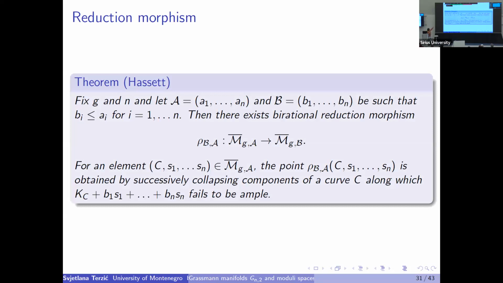He said when we have two weights, A and B, such that B_i is less or equal to A_i for any i, there is a birational reduction morphism, and he described how it works. He takes any curve and collapses components of the curve along which this fails to be ample. This is proved by Hassett.